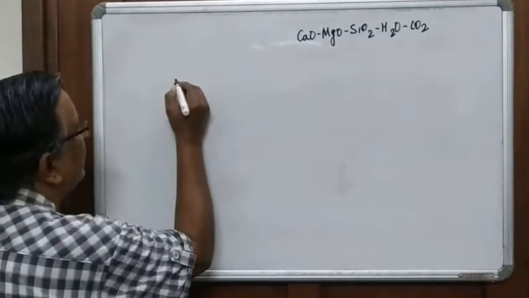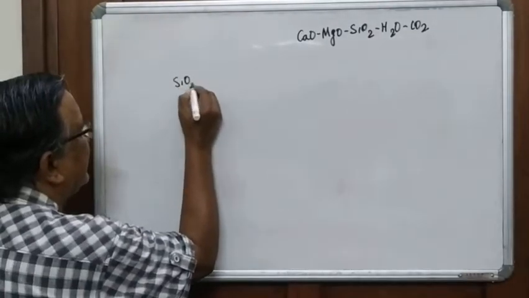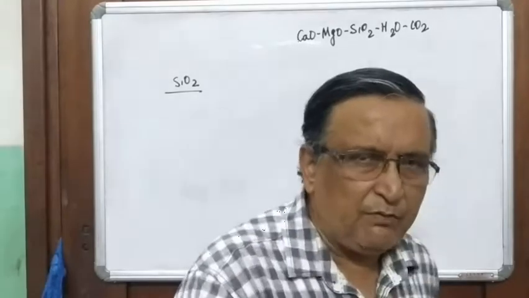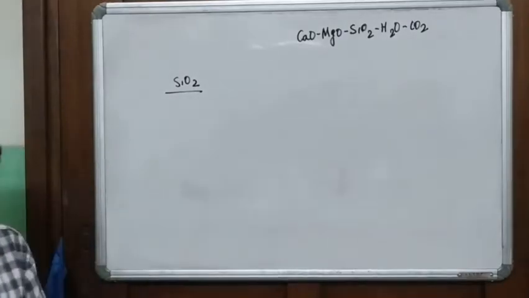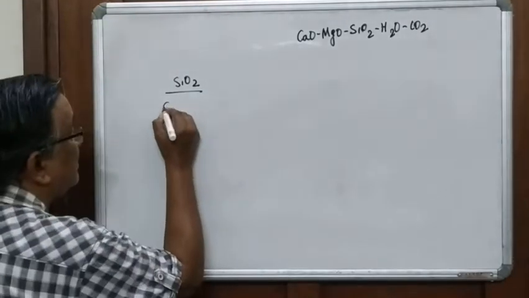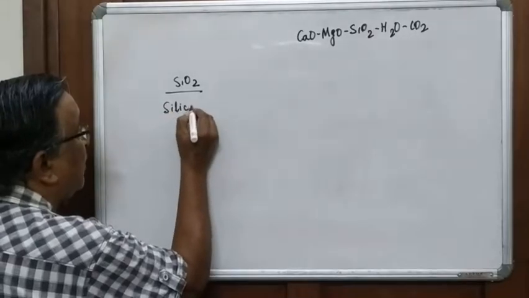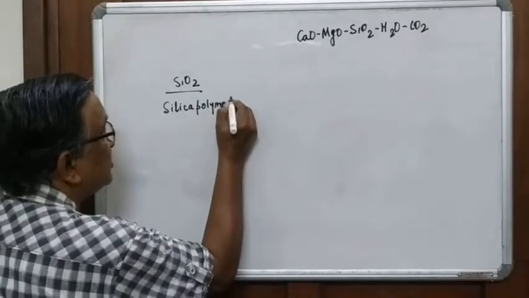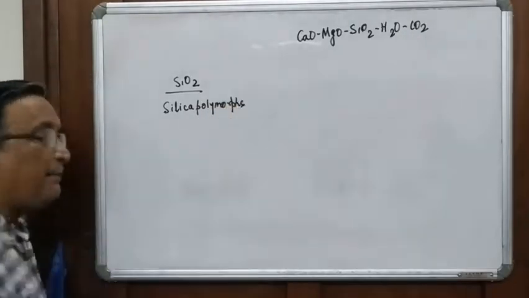Say, for example, if we start with a system containing only SiO2, then all the minerals that you get are silica polymorphs.